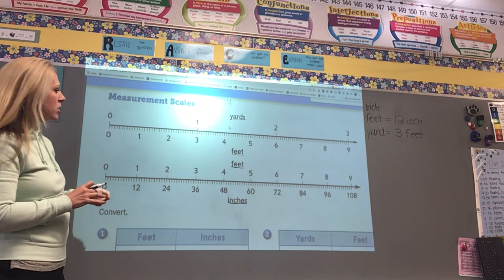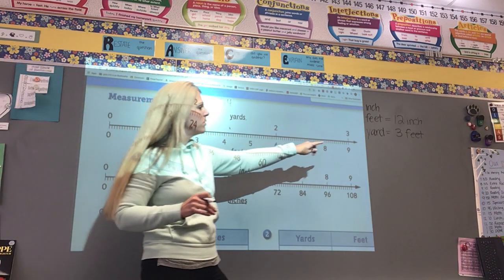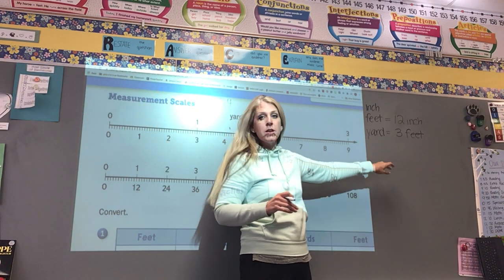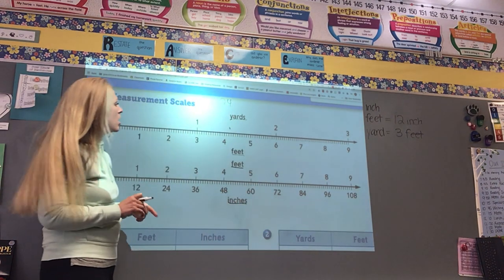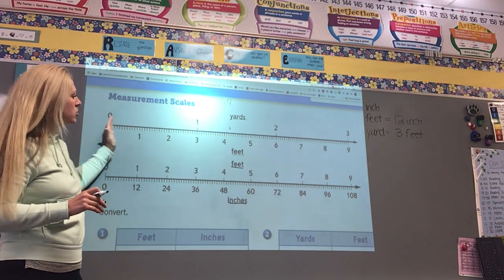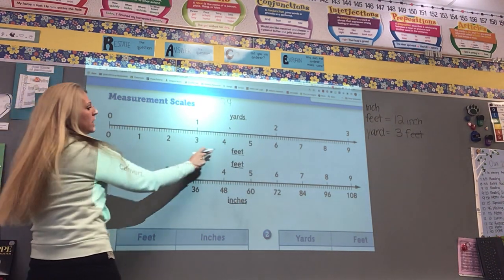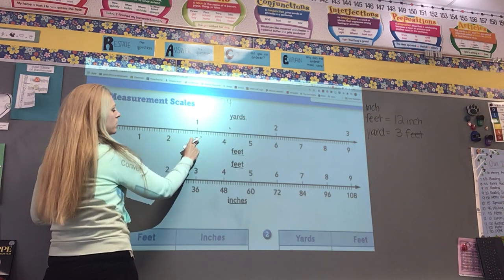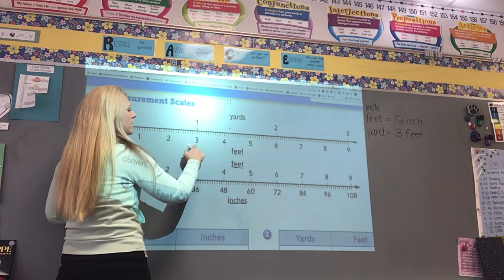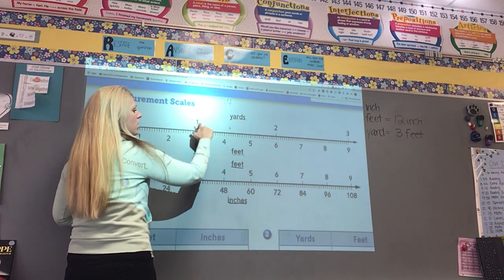And so what this shows us is we just talked about some conversions. We said 3 feet was equal to 1 yard. So this measurement scale actually shows us that. If I look at the feet side, 1, 2, 3 feet, that line is the same as 1 yard.